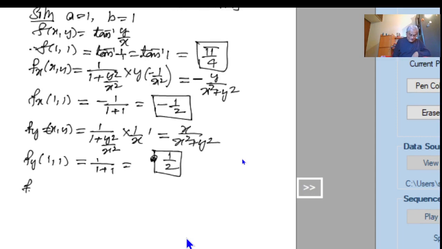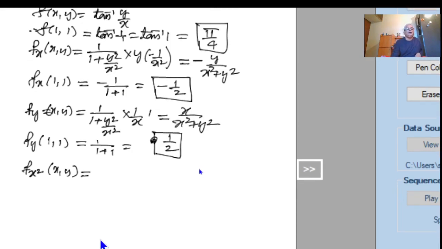That is fx square of xy. To find fx square, I have to differentiate fx with respect to x again. Okay, I have to differentiate this. So differentiation of this, I am differentiating partially with respect to x, means minus y is a constant quantity.